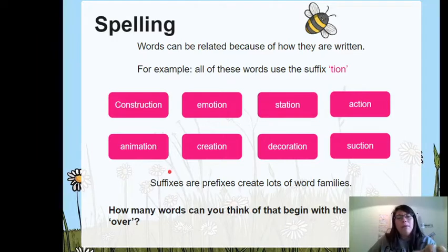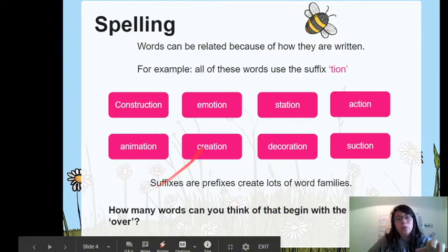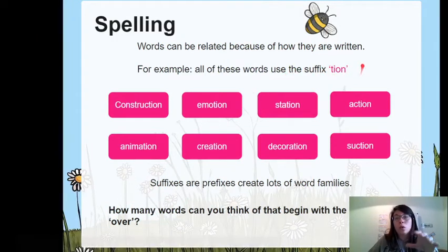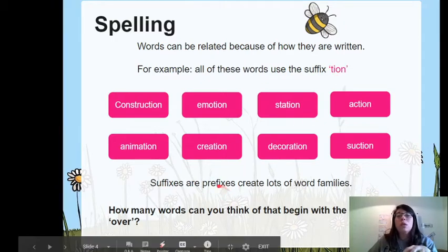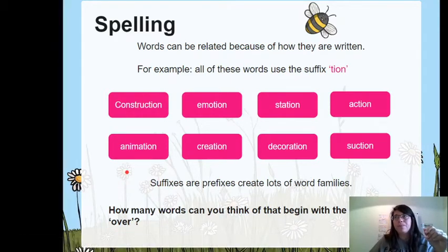Now, what happens is that I use suffixes, which are the way that words end, and prefixes are the way that words begin, to create different types of words and word families, okay? Now, a prefix could be over, okay? For example, overestimate is a word.